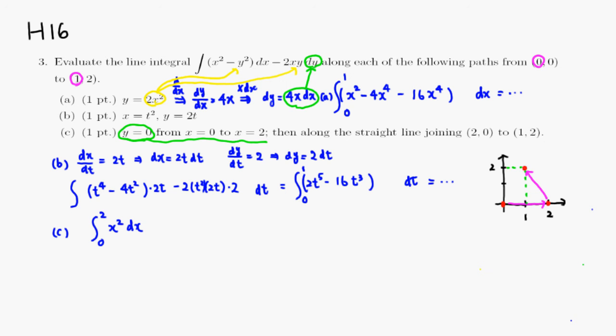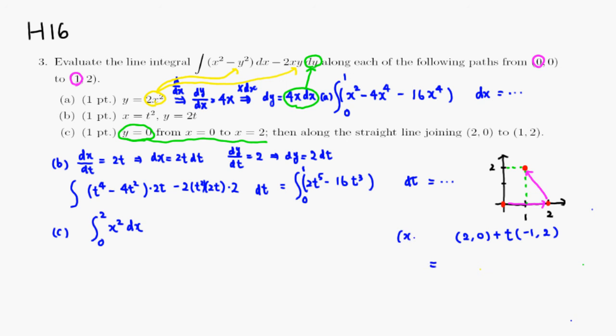So we have to come up with some kind of parameterization. I guess you can start from (2, 0), plus t times a vector. You want to go in the x direction by negative 1, and then go up 2.